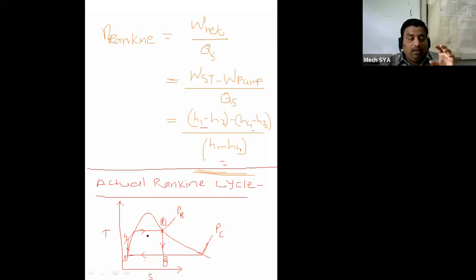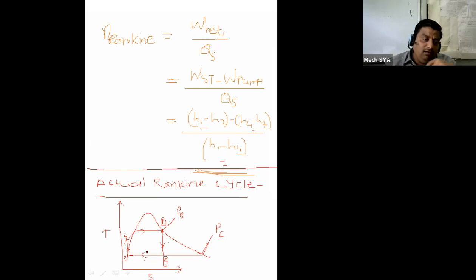So it will remain as a non-isentropic process. We know that reversible processes in the real world are not going to be possible. Maximum, 99.99% of processes are irreversible. Only a few processes we assume to be reversible.